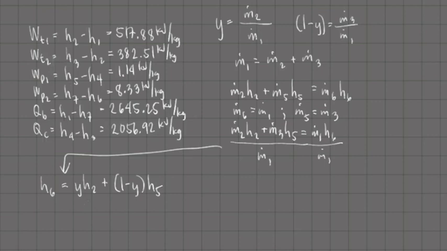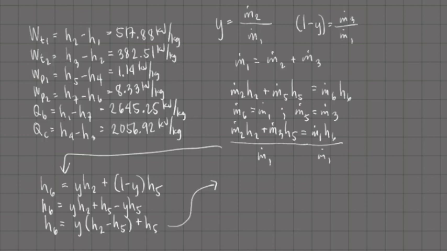Let us isolate the variable y on one side of the equation. Expanding, this is H6 is equal to Y H2 plus H5 minus Y H5. Factoring out, H6 is equal to Y times H2 minus H5 plus H5.